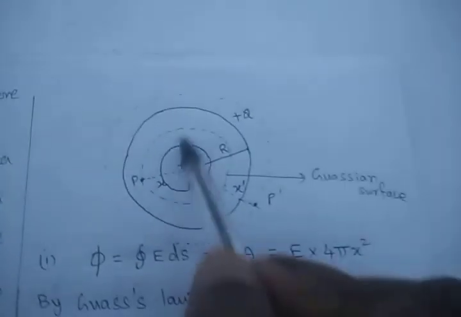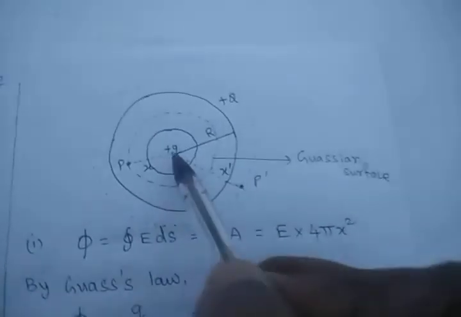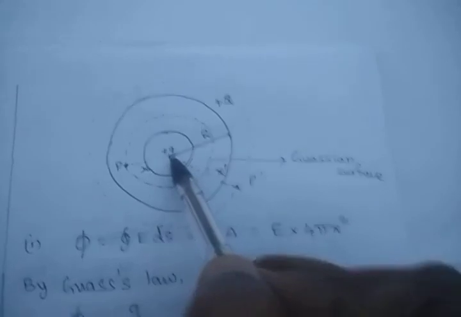Why is there q plus capital Q? In the first subdivision, the Gaussian surface enclosed only the plus q charge.